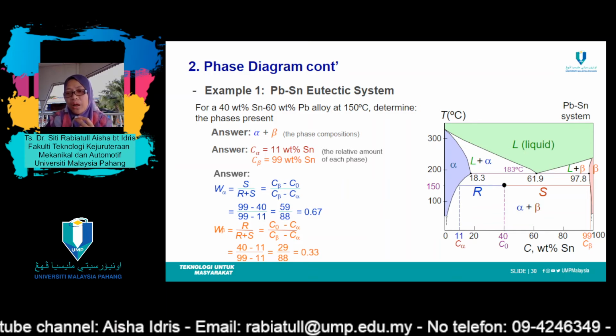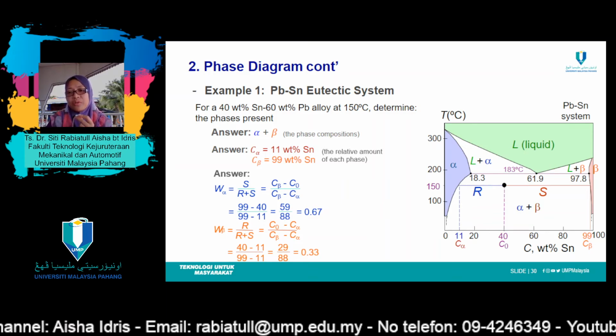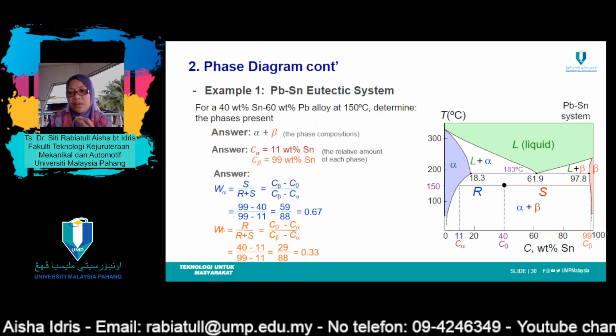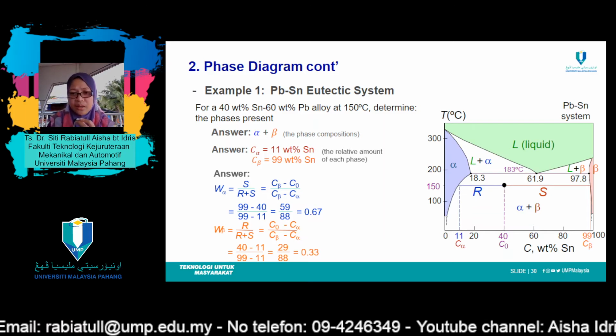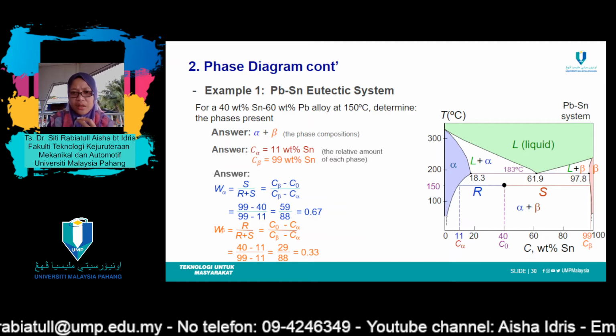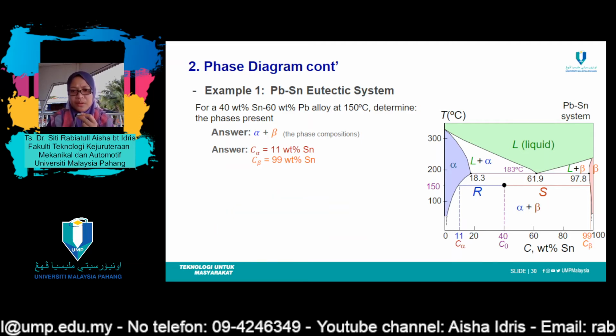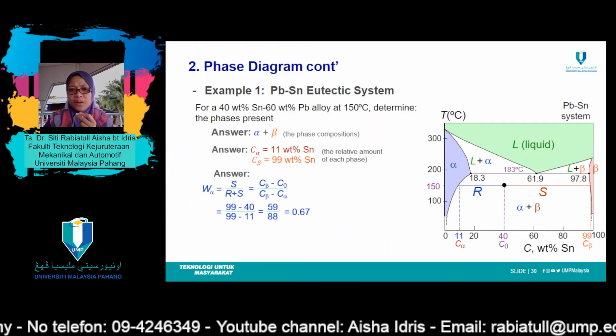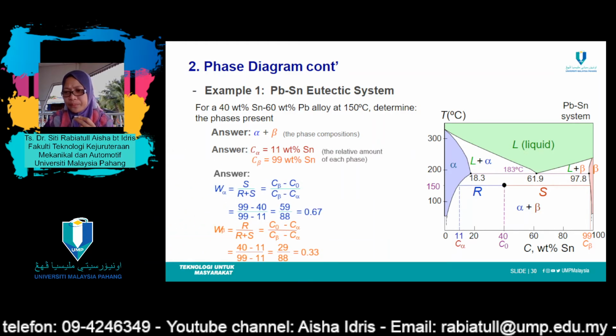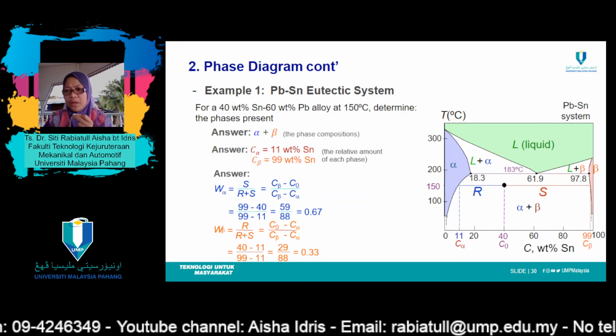And what are the percentages of solid and liquid that exist in that case? I think this is the other example there. This question is only up to this point, and this one is for the other phases.